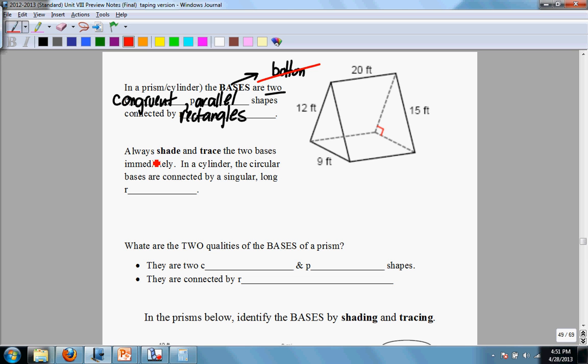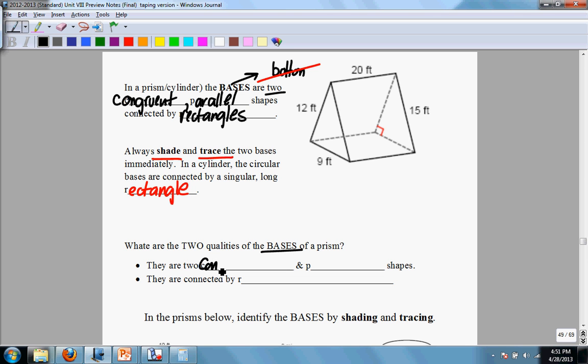I always want you to get in the habit of shading and tracing the two bases. In a cylinder, the circular bases are connected by a singular long rectangle. So again, what are the qualities of the bases?